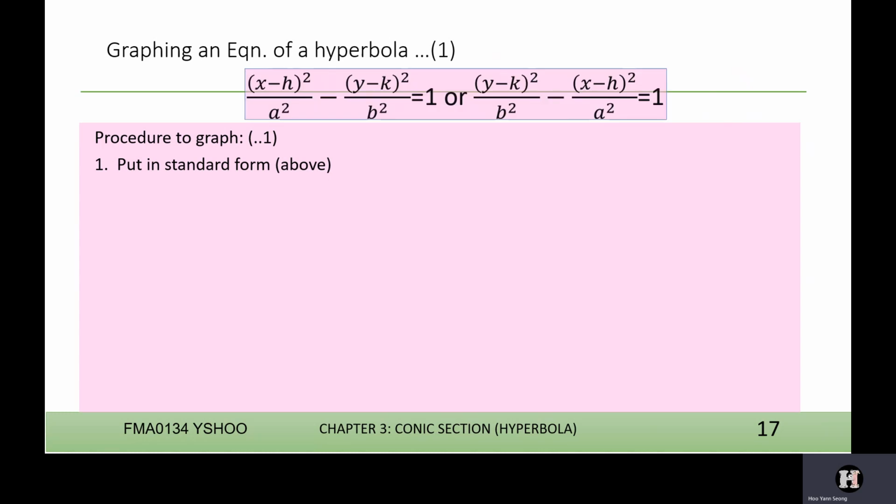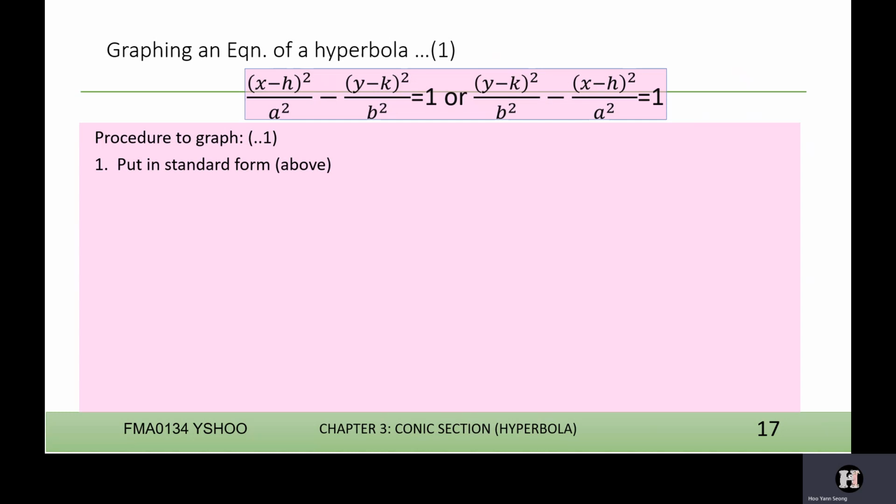Standard form must be (x minus h) squared over a squared, because what we need is a, not a squared, so you put it in a squared, minus (y minus k) squared over b squared equals 1.